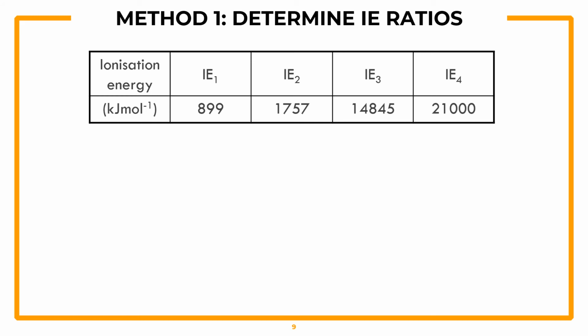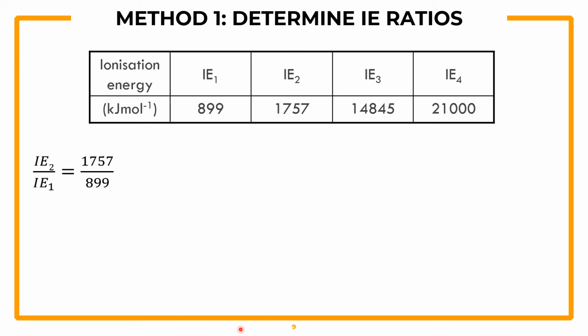So dalam soalan ini kita dah pun diberi successive ionization energy values for unknown X. Okay, ada sebanyak 4 successive IE dekat sini. Okay, so what you have to do adalah dapatkan ratio untuk IE tersebut. So macam mana nak buat ratio? Kita akan buat ikut sequence macam ni.